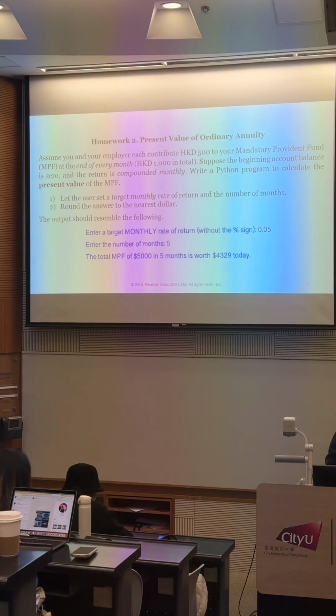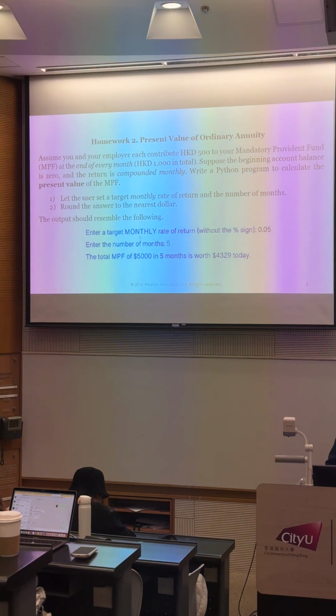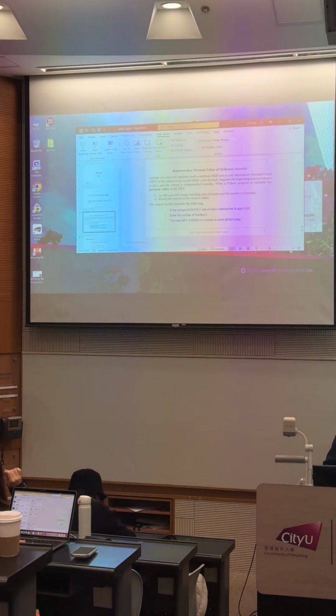That is Hong Kong dollar 1,000 in total. Suppose the beginning account balance is 0 and the return is compounded monthly. Write a Python program to calculate the present value of the MPF. So the desired output is like this. Let's finish this homework together.